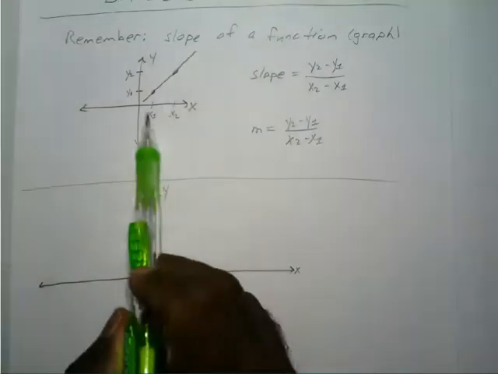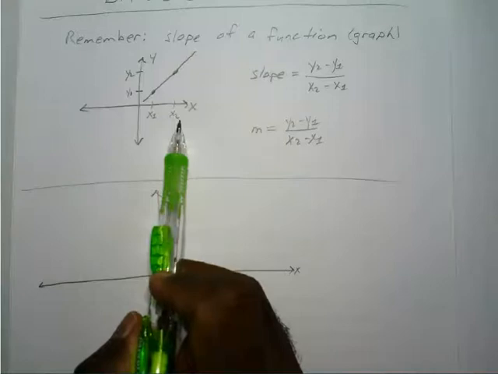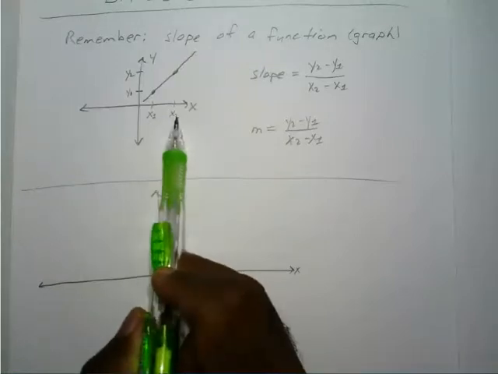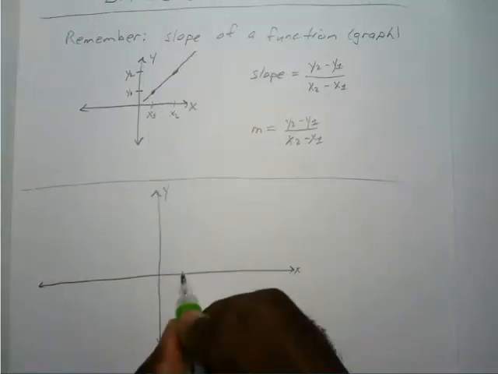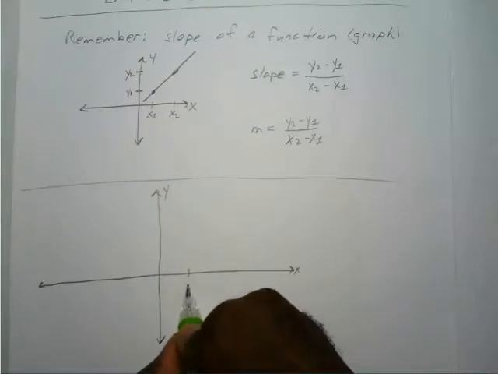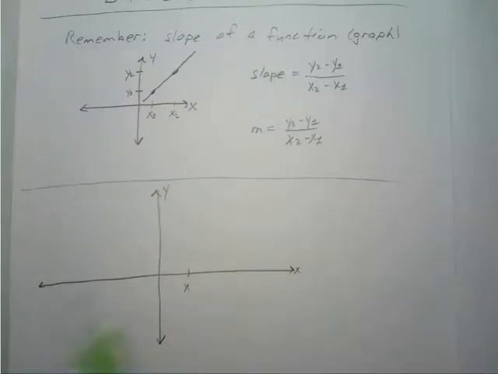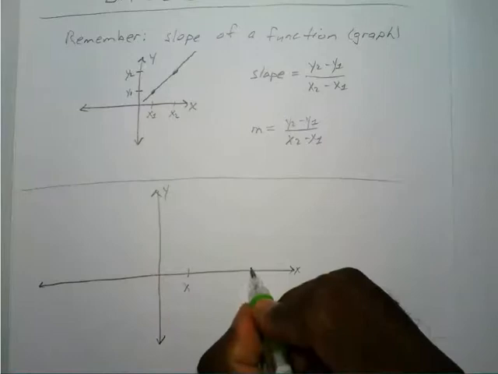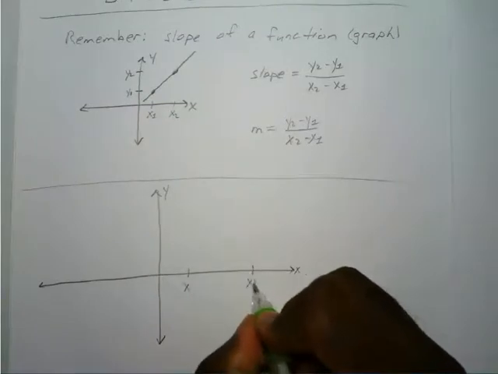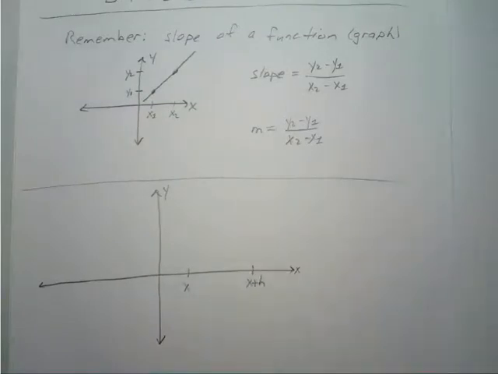Now instead of x value number 1 and x value number 2, let's make this x, and to ensure that we're going to the right, our next value will be x plus some value h. So if you have 3 here and 5 here, your x would be 3, and your x plus h would be 3 plus 2, which is 5. That's just an example, so you'll have an idea of what that means.